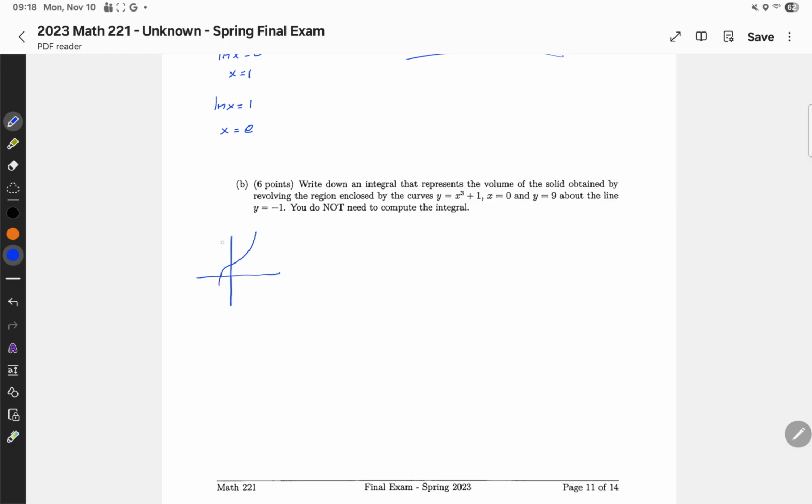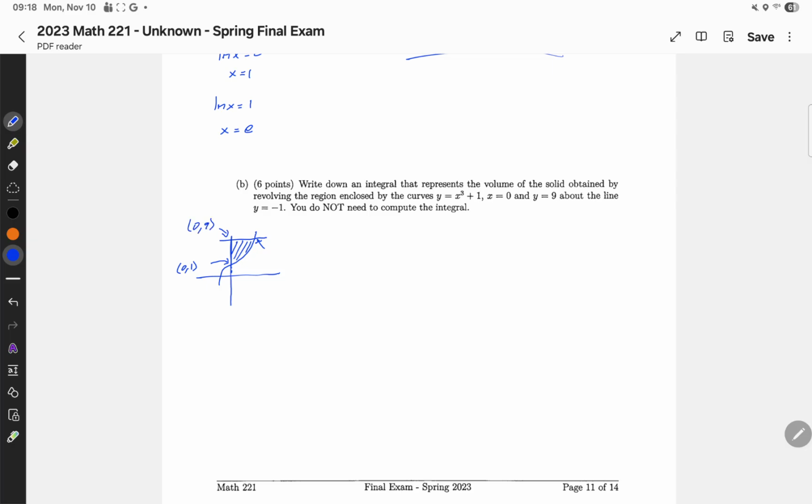Y equals 9. It's going to be somewhere up here. And x equals 0. That's just going to be this line right here. So this is going to be our region right here. Where do these points intersect now? So we know that this bottom point is just at 0, 1, right? This top point is going to be at 0, 9.